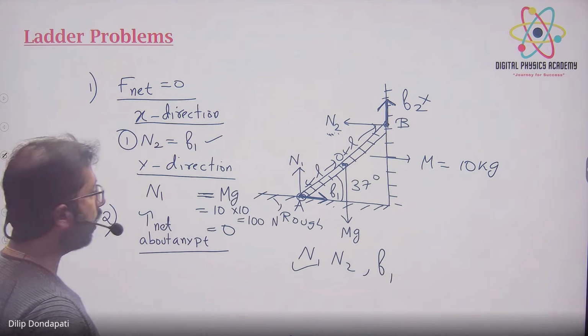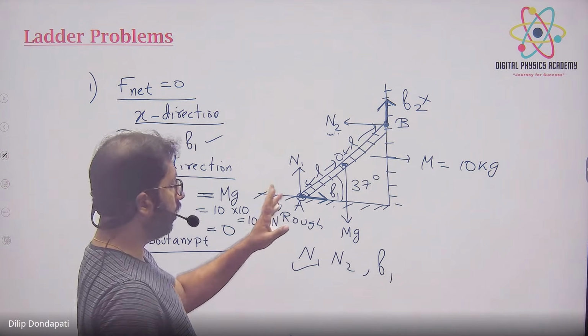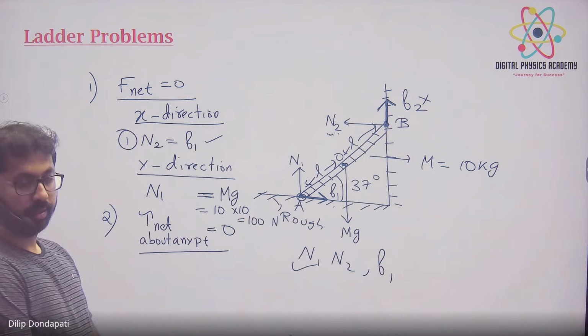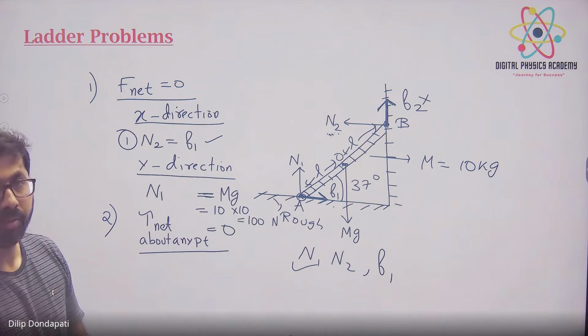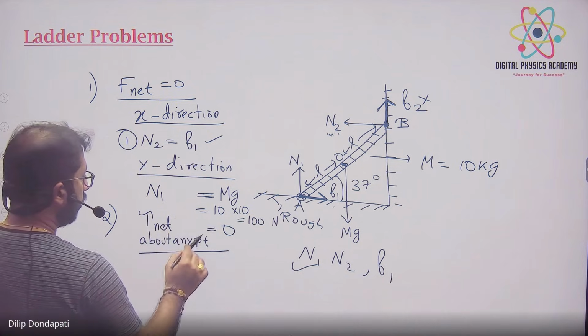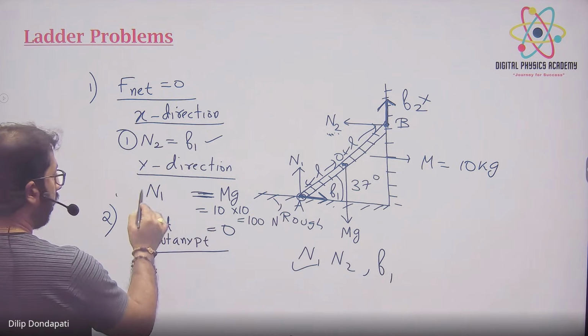So torque about any point is 0, and solve. F1 equal to N2. इसका तो आ गया, N1 तो आ गया.